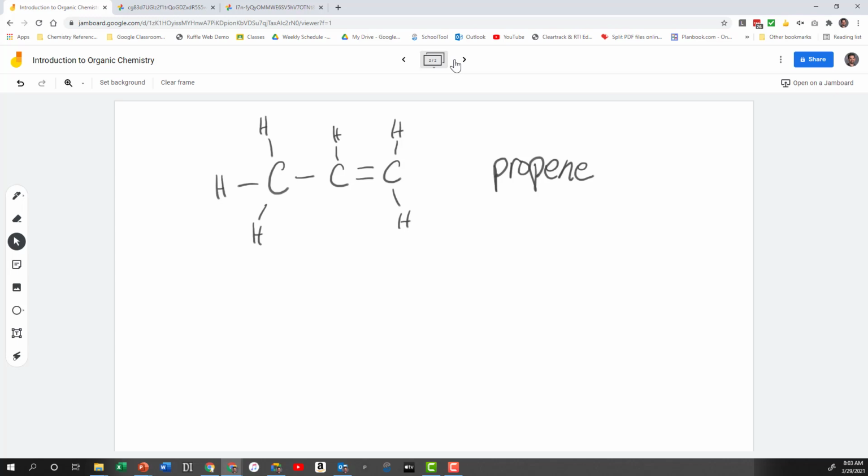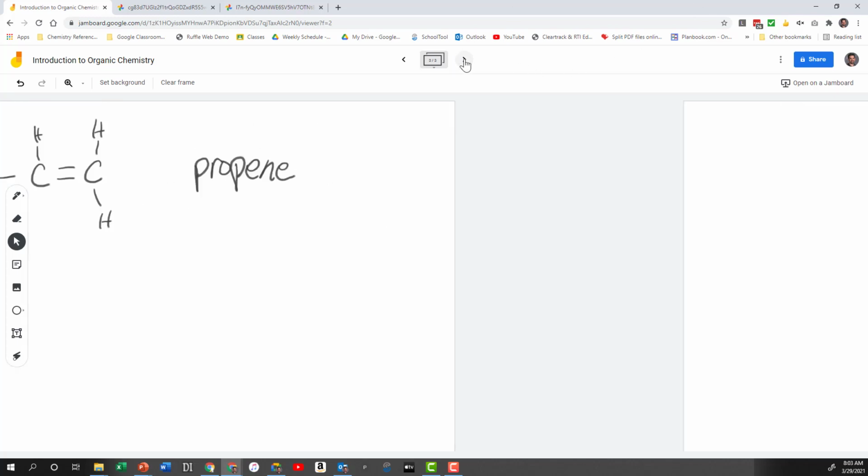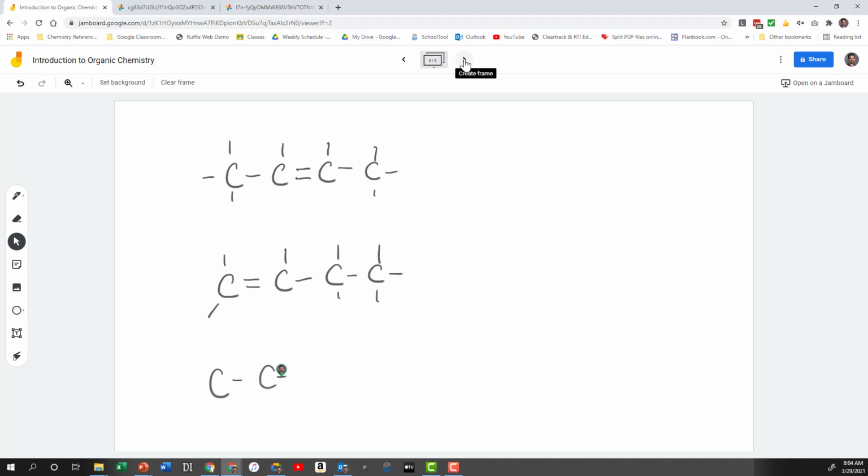All right. Now, we could have this. Oh, this is a little trickier. Not trickier, but a little different. There is this compound, but there's also this compound, or this compound.